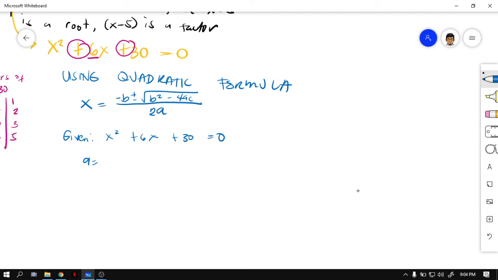Therefore, a is equal to, ang numerical coefficient ng x squared ay 1. b is equal to 6. And c is equal to 30. Now, substitute lang natin. Substitute. Okay.